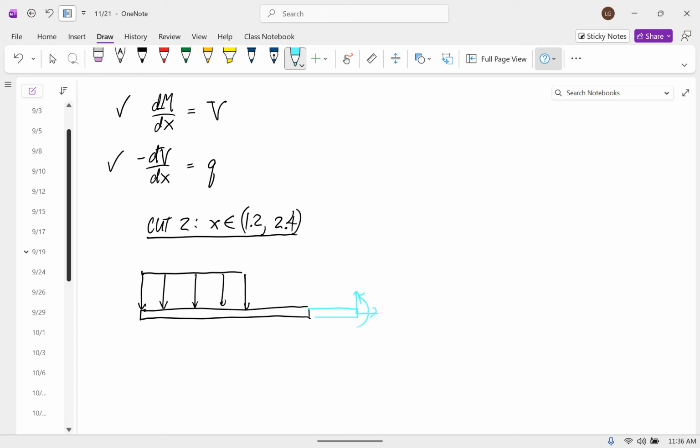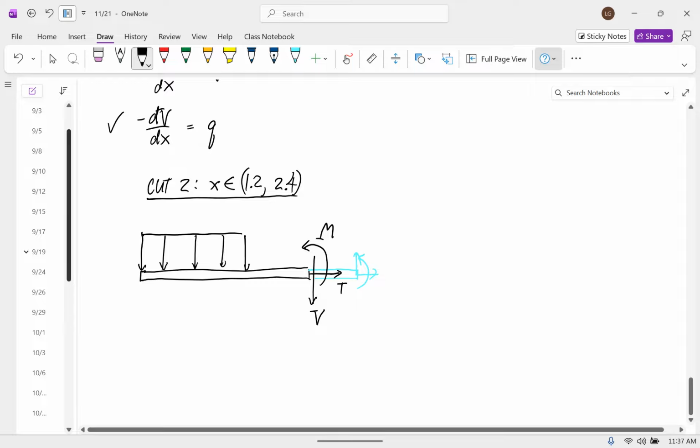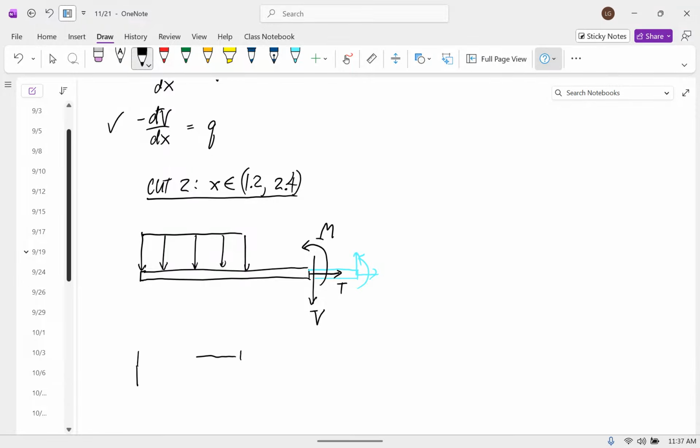Those external loads. We have our T, V, and M. And let's figure out these distances. So this distance, what's that? From the left end to the end of the distributed load. 1.2, perfect. And then what's the distance to the end of the beam? x, yep.